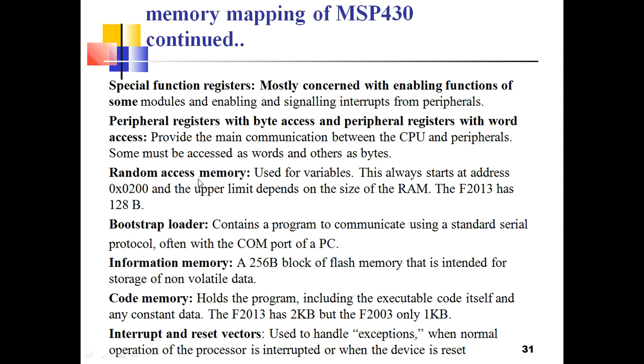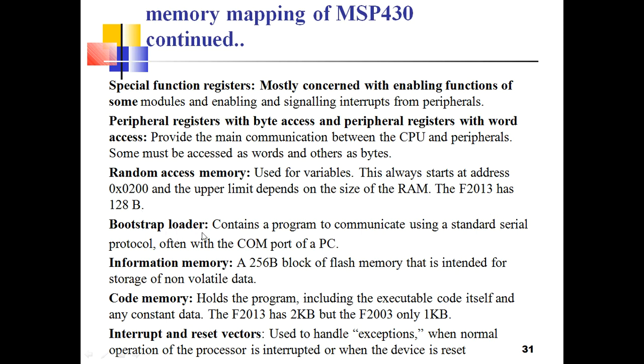Next one, RAM, random access memory, used to store intermediate results using variables. This always starts at address 0x0200 and the upper limit depends on the size of the RAM, because in some versions it has 128 bytes, in some versions it has 256 bytes. So the upper limit is not fixed.